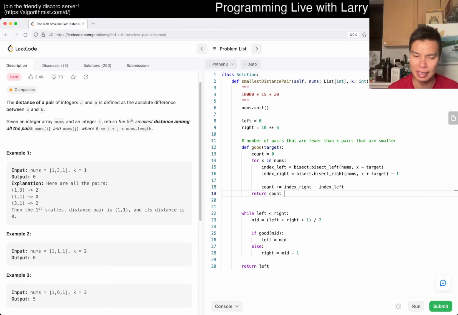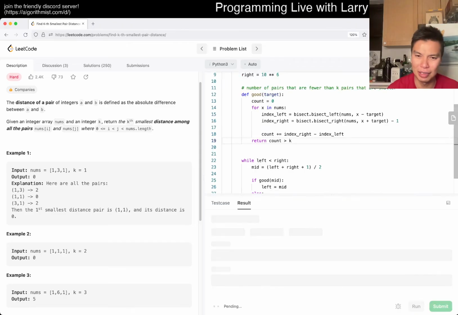And then we want to count that count. So these are the numbers that are target or smaller, right? So this is the number of pairs that are target or smaller. So this means that, yeah, we want this to be less than k, I want to say, but I am not confident about this.